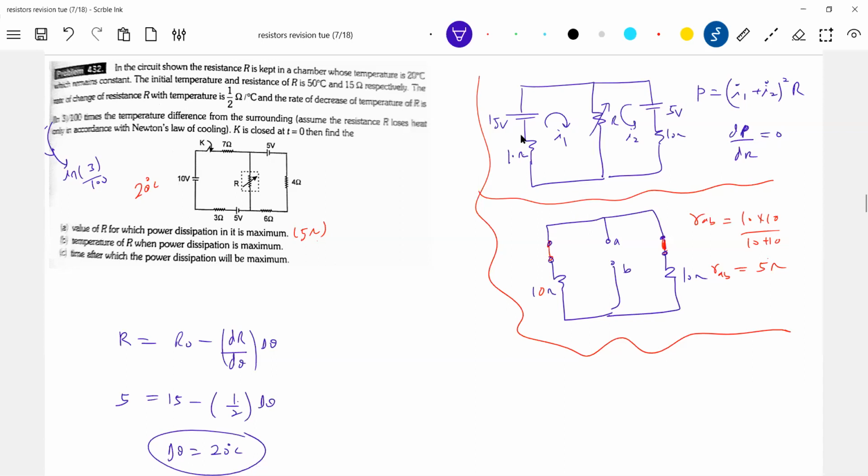Are you getting it now? What is the question? At least you are able to understand. I'm going to vary this resistance by varying its temperature. The initial temperature and resistance are given, the rate of change of resistance R with temperature is given, and the rate of decrease of temperature of R is proportional to the temperature difference. As I vary the temperature of this resistor, its resistance will change. Due to the change in resistance, at one instant it will have maximum power. So the temperature at which it will occur will be 30 degrees Celsius.